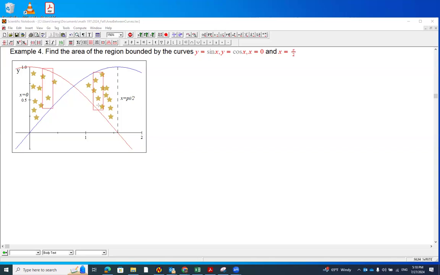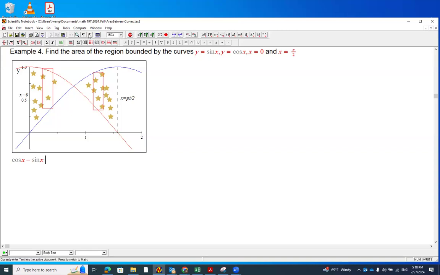The height is different. On this piece, the typical height is red minus blue, that's cosine x minus sine x.